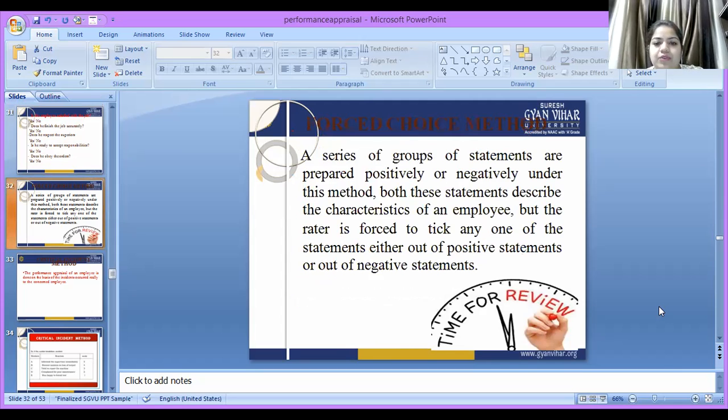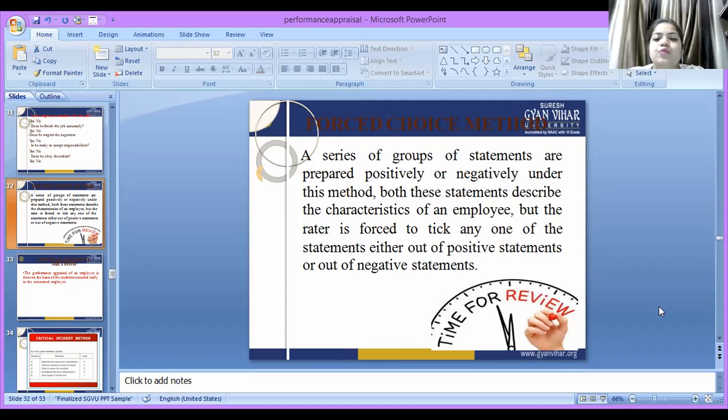Forced choice method. In the forced choice method, a series of groups of statements are prepared. There are two types of criteria in this method, maybe positive or negative. Both these statements, positive or negative, describe the characteristics of the employee, that means the features of the employee.